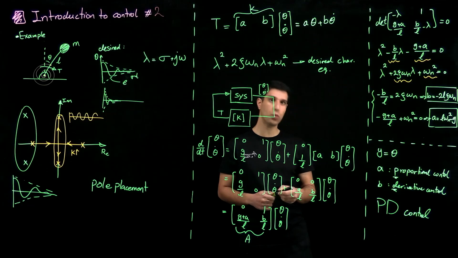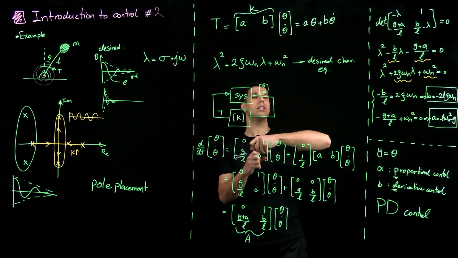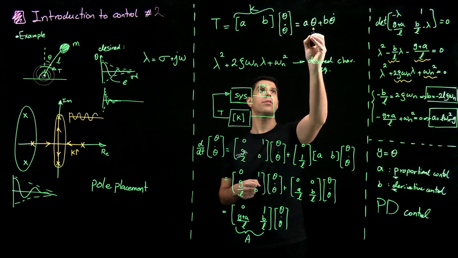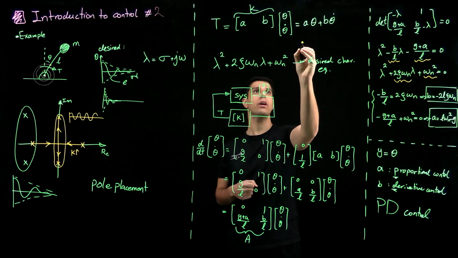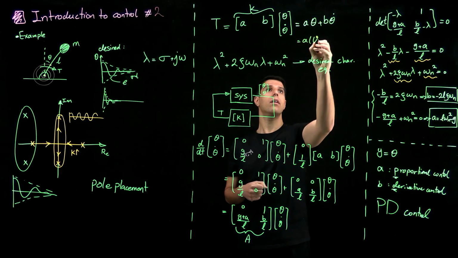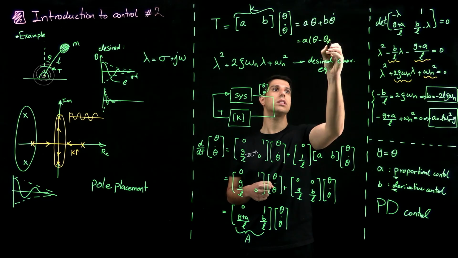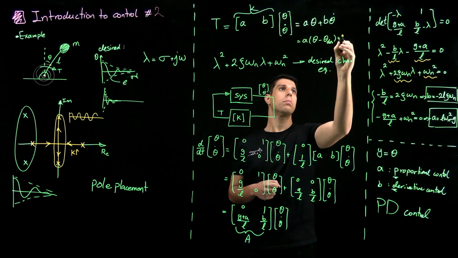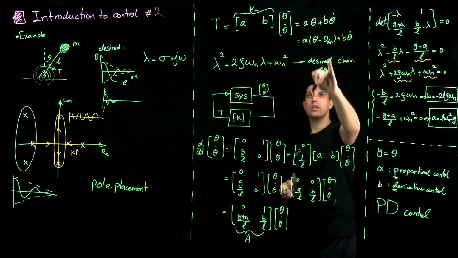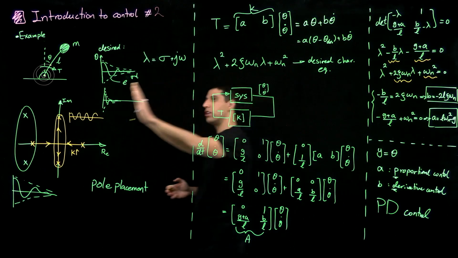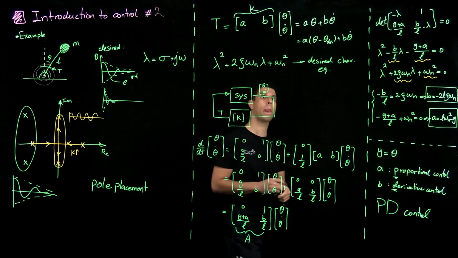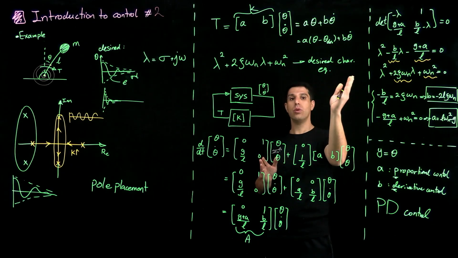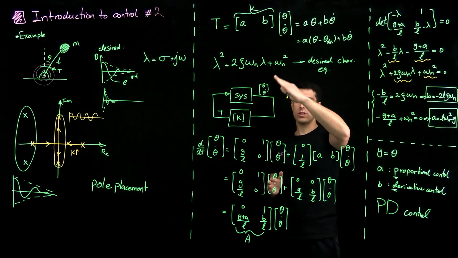Let me do one little thing before I erase. So here, instead of writing A theta plus B theta dot, a different controller, I could write A theta minus A theta desired plus B theta dot. So essentially what I have done here is change the resting length of my virtual spring to a different location. And in doing so, my system now oscillates about that desired position and stops there.